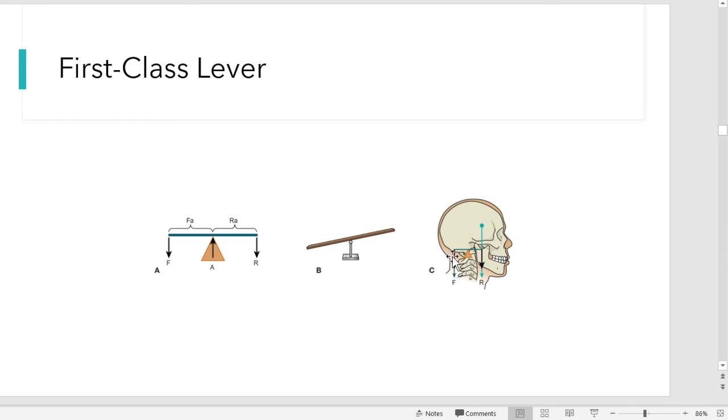So this is the distance from the fulcrum towards the insertion of that muscle. It is where the force is exerted, the insertion. So that is your force arm. This one is your resistance arm.